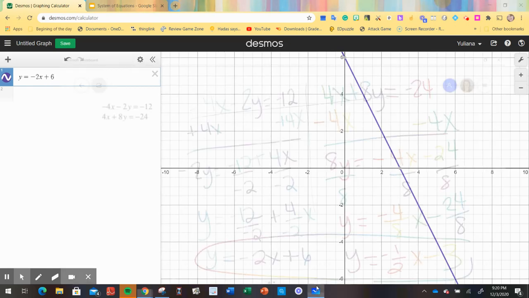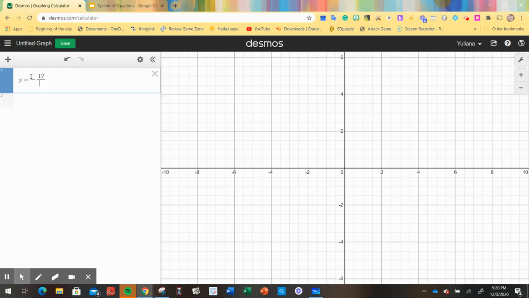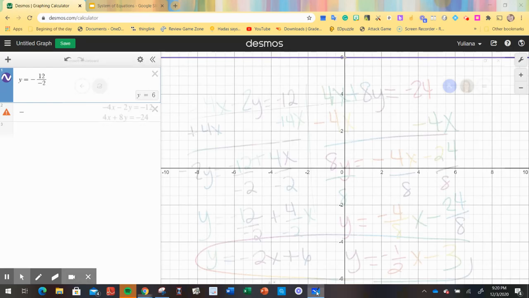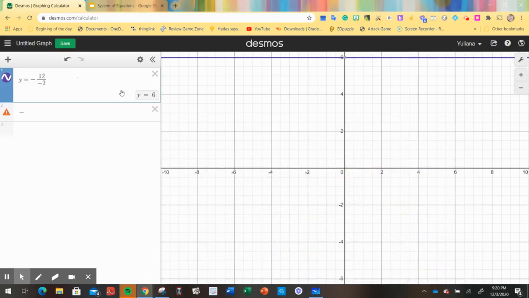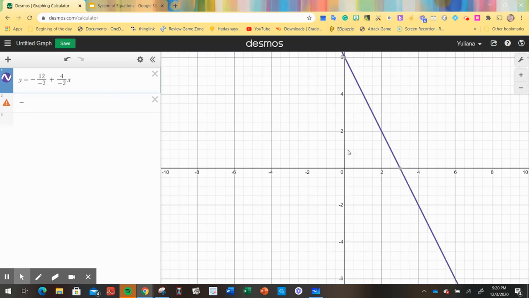And again, notice if I type in the unsimplified version, negative 12 over negative 2, plus 4 over negative 2x, it gives me the same exact line.